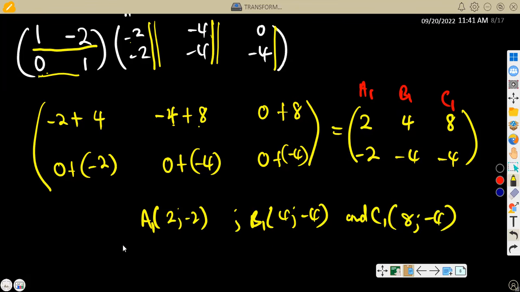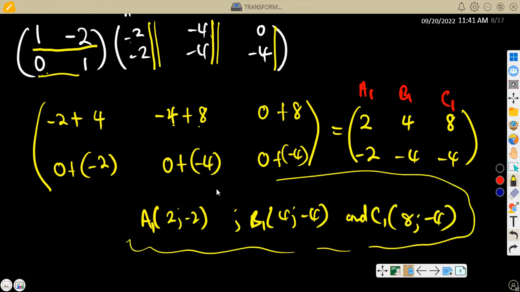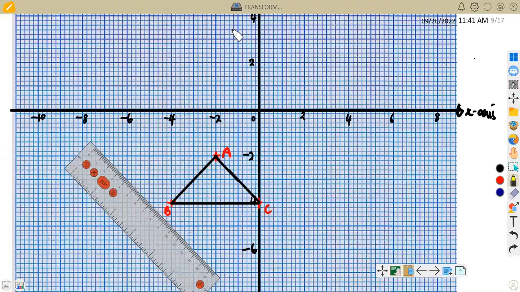All right, with these coordinates now, we are going to plot them on our graph. Let us take our graph here. That's A1 (2, -2). I'm just going to quickly indicate these ones. A1 (2, -2) is somewhere here. You mark your point. So that's A1 here.